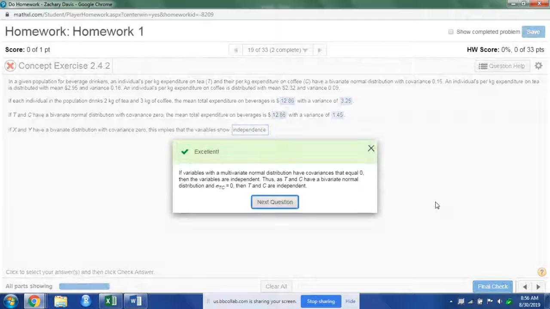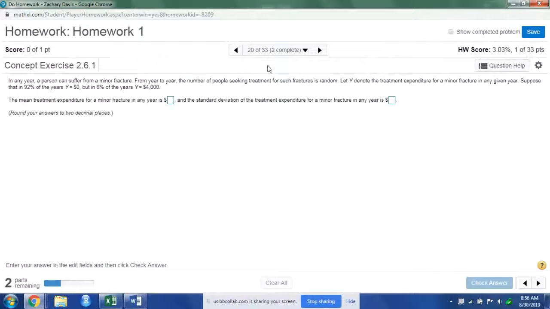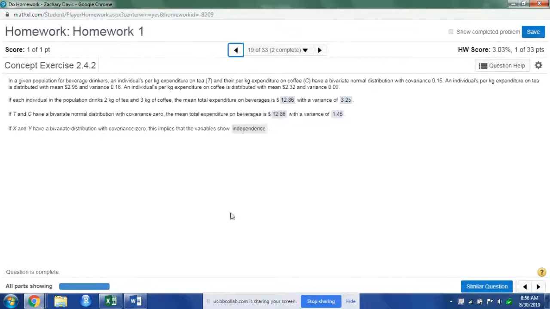So go back. Hopefully now you can see how you can use Pearson's MyLab, use the question help to help you get the right answer and help you understand how to get that right answer.